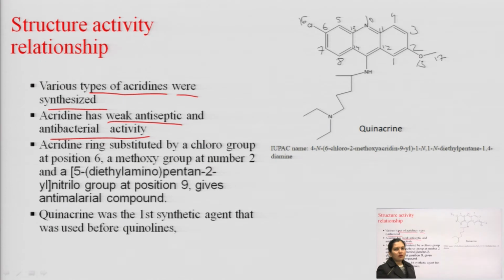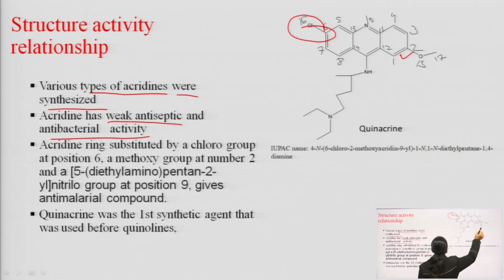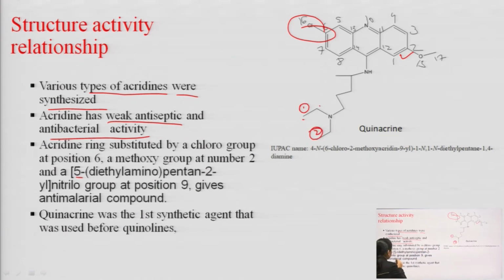The acridine ring is substituted by a chloro group at position 6, and at number 2 and number 5 there is a presence of diethyl, one ethyl and second ethyl, associated with the tertiary amine.